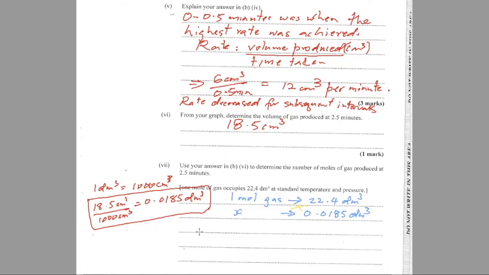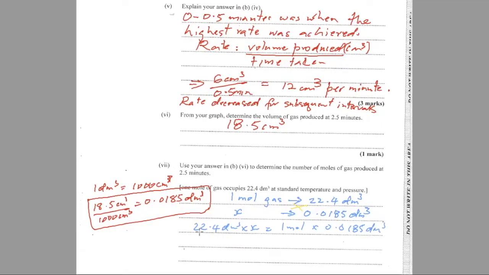So it means then that 22.4 dm cube times X is equal to 1 mole times 0.0185 dm cube.